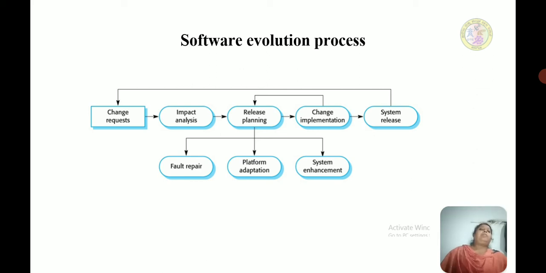In platform adaptation, we have already planned for one platform, and then we adapt the existing system to problems with the new platform. Along with that, we have to enhance the system for the new adaptation. This is how the software evaluation process takes place.